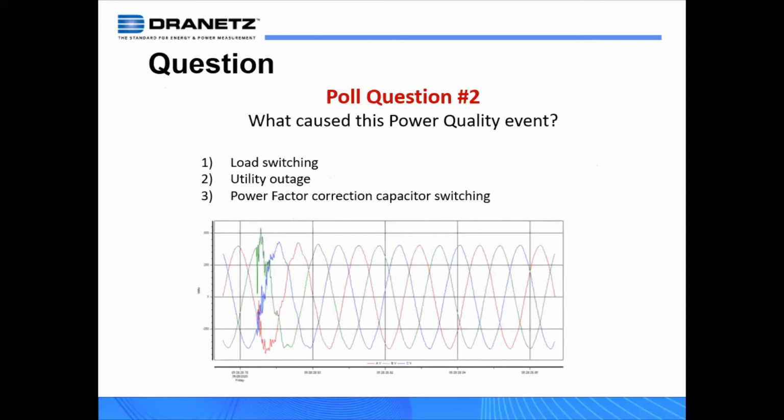Here's our second poll here. Which caused this power quality event? And I'm going to go ahead and launch the poll here. Just bear with me here. We'll launch it. And so we'll wait. I think the poll is in process here. And we'll give it a few seconds to allow the information to come in. We're about half.